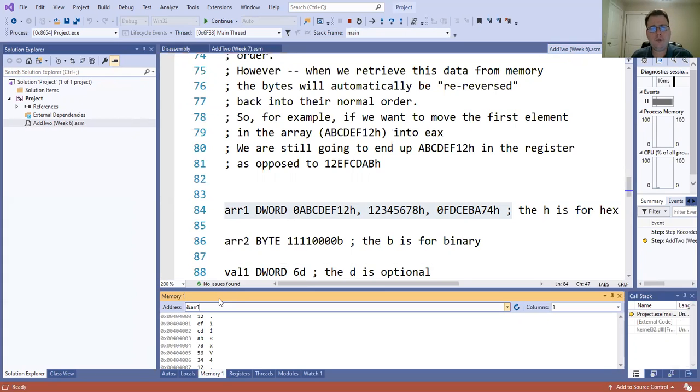But with any identifier or variable name in your data segment, you can always go directly to that area in memory using the address field here in the memory pane.